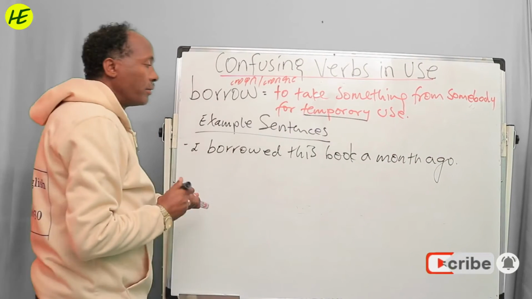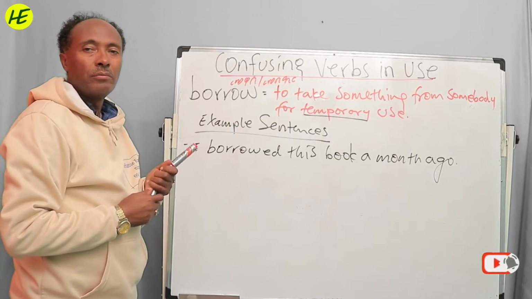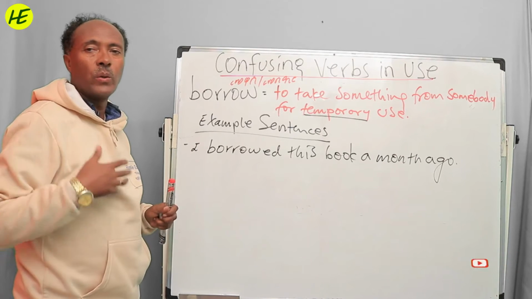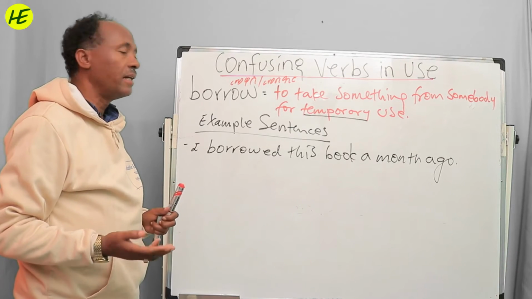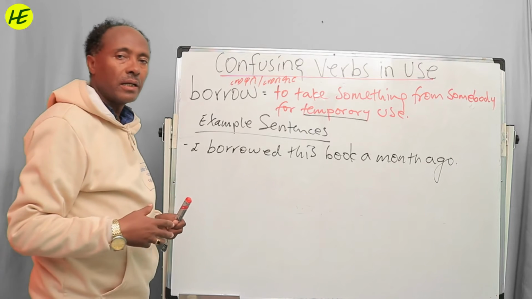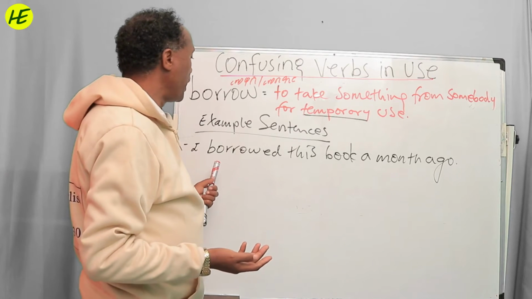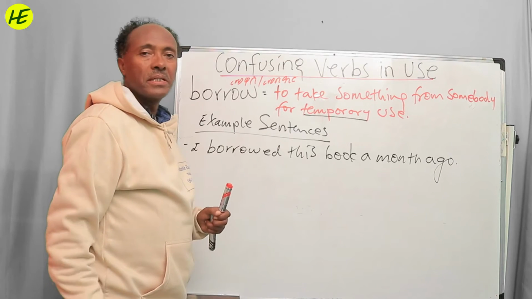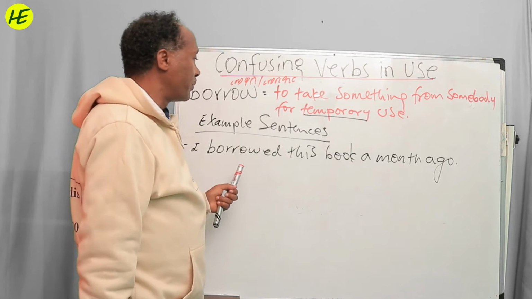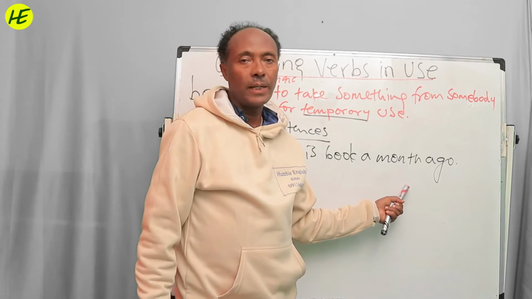Okay? I borrowed this book a month ago. From where? From the library, or it could be from somebody. So anyway, I borrowed this book a month ago, you may say.